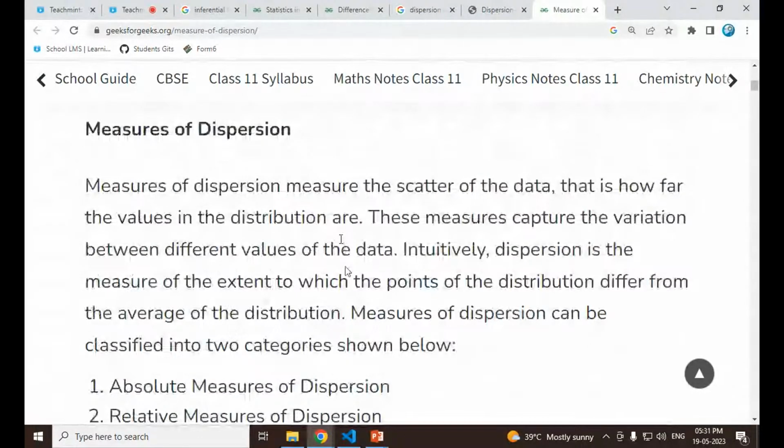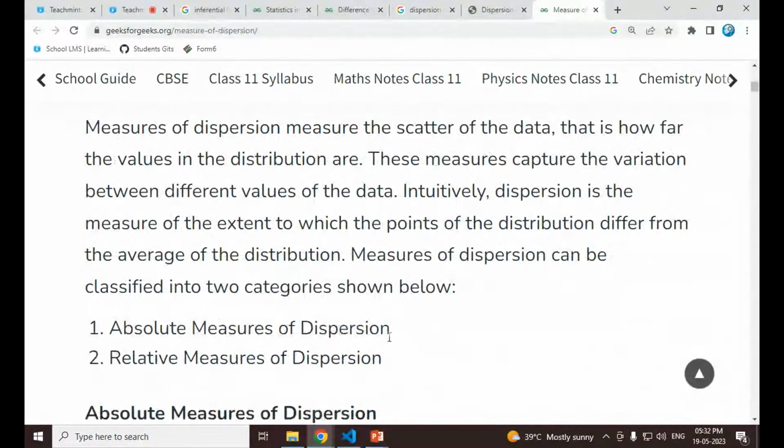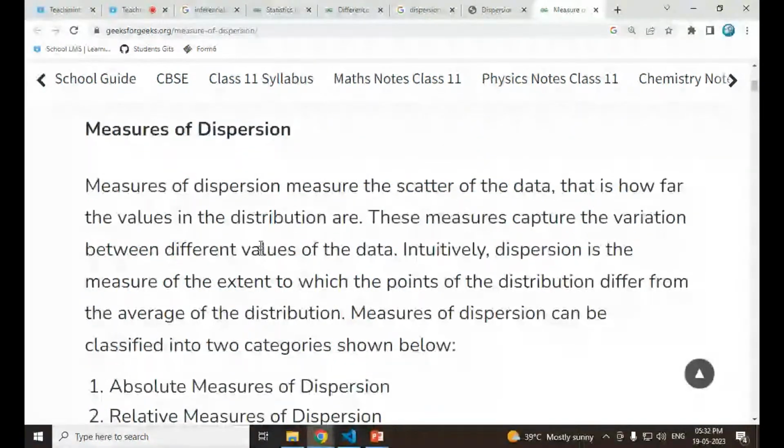We just saw mean deviation. It's related to the dispersion, absolute as well as relative. We saw that measure of dispersion. I hope all of you are very clear with the measure of dispersion, which is about scattered data. How the data is scattered, we will be able to measure with the help of dispersion. It's a measure of variability. Variability is nothing but changes or variation in the data.